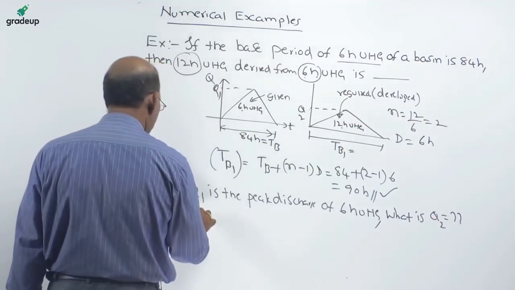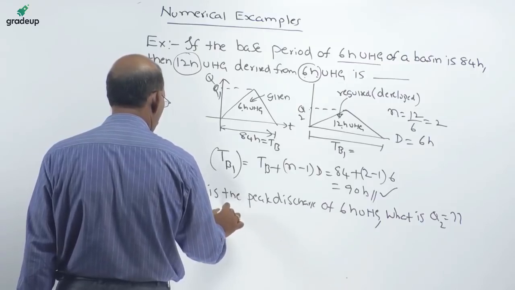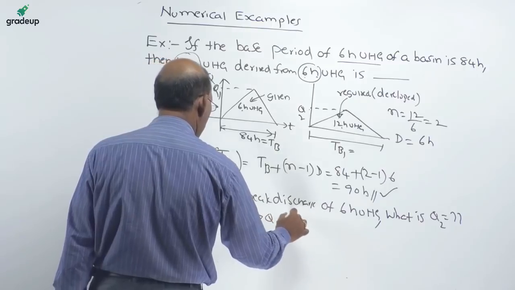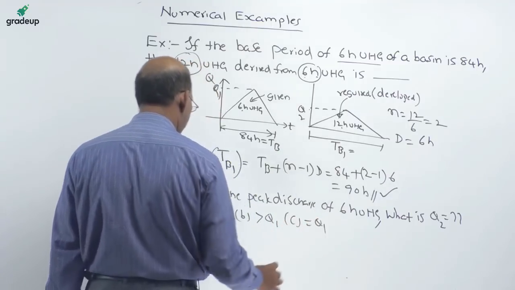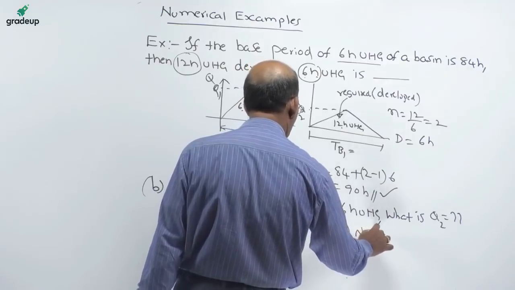This value is Q1, and this is Q2. The options are: less than Q1, greater than Q1, equal to Q1, and none of the above.